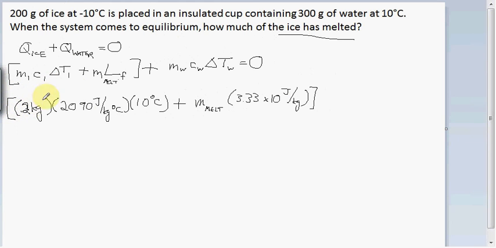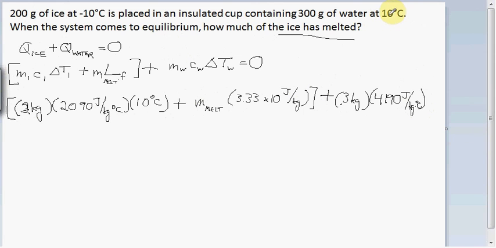Plus the mass of the water, 300 grams, so 0.3 kilograms, times the specific heat of water, which is 4,190 joules per kilogram degree Celsius, times the change in temperature of the water.